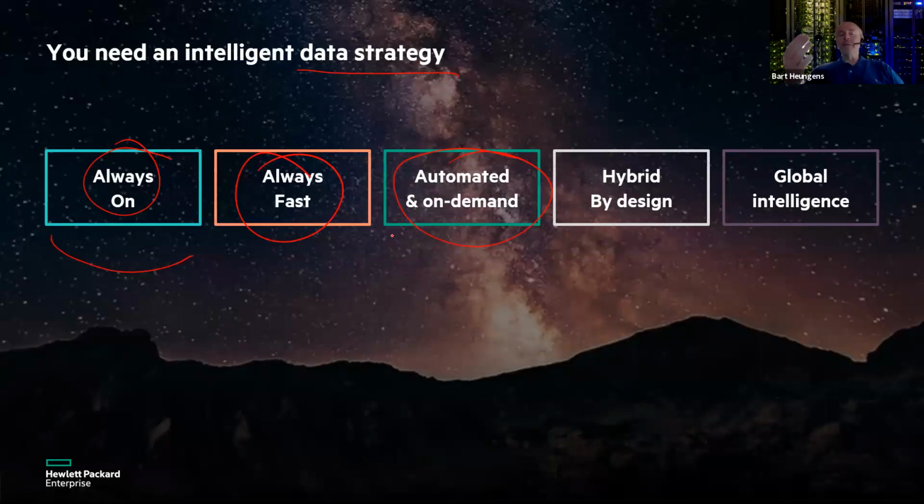It's all about automation. It's about on demand. I need it now. Hybrid by design. All HPE solutions are hybrid, so you can run it on premises and you always have a connector to the public cloud, so that the customer doesn't need to choose between the one or the other.